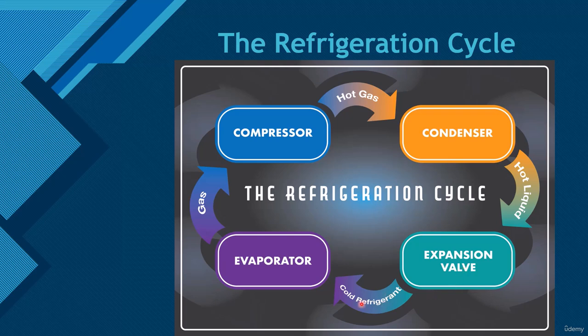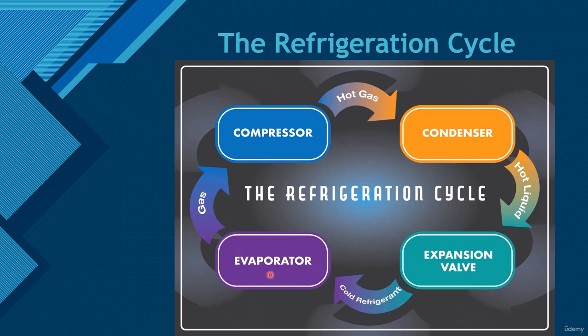And then that cold refrigerant goes through the evaporator coil and exits a cold gas, which then enters the compressor, and that compressor compresses that cold gas into a hot gas.